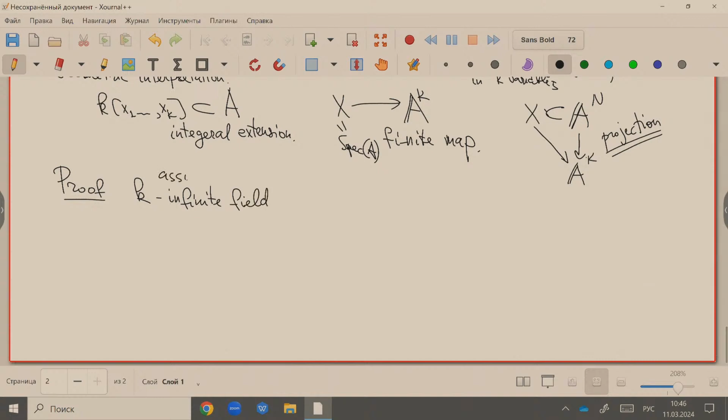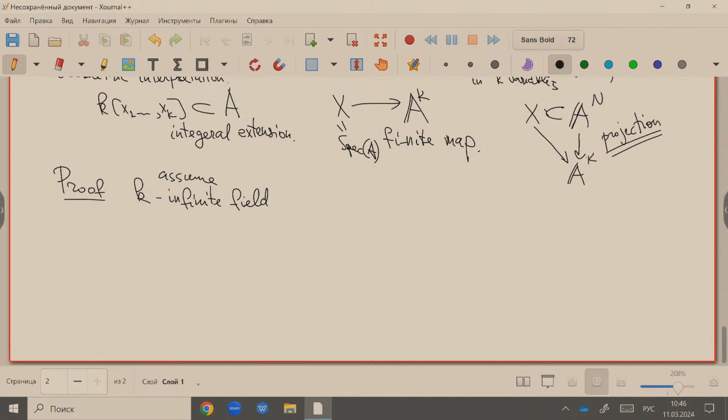Assume that K is an infinite field. Of course, in algebraic geometry this is cured by the following observation. If you have a system of equations that you want to consider, the points on your variety are the solutions of this system of equations.